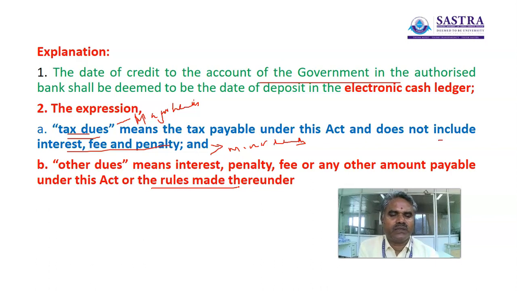But tax dues is only meant for the major heads: all the three major heads, CGST, SGST and IGST. When you are doing your business in a union territory, UTGST is applicable.